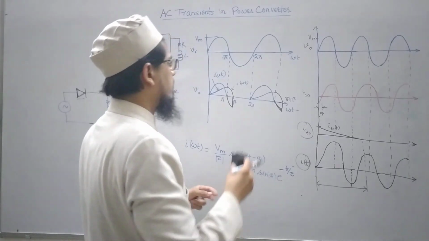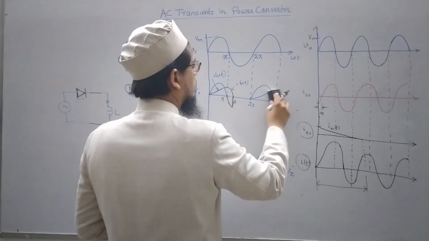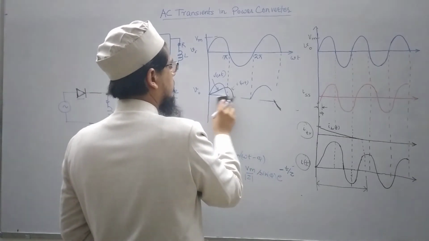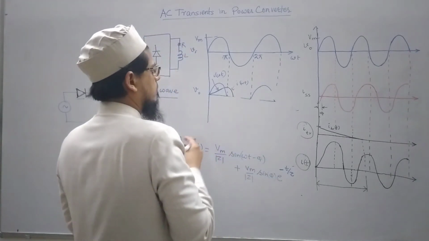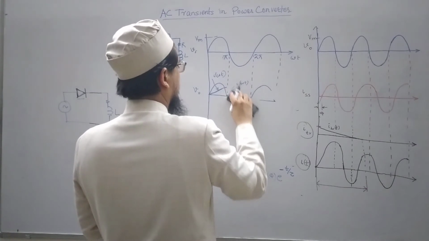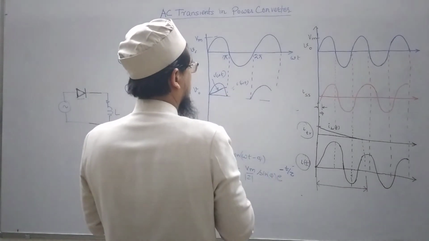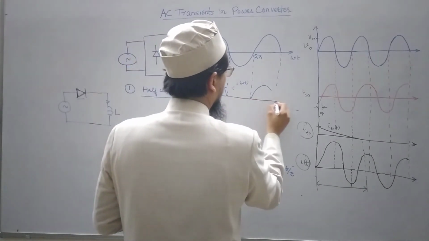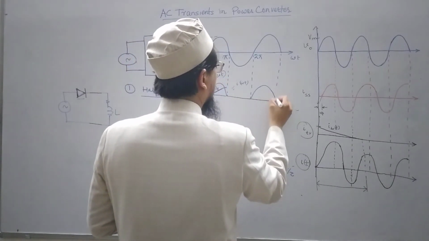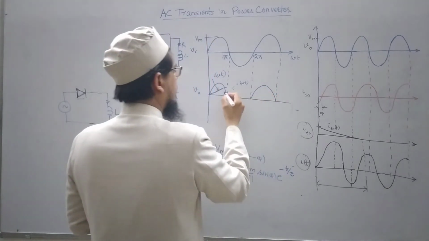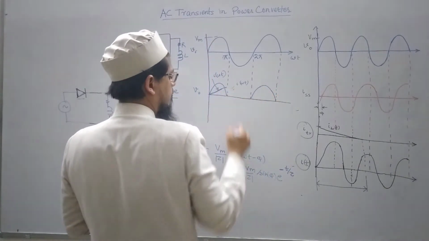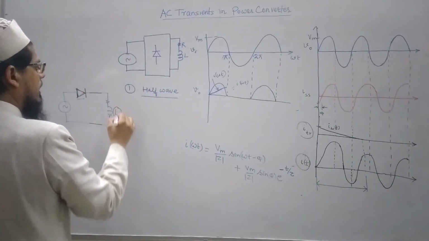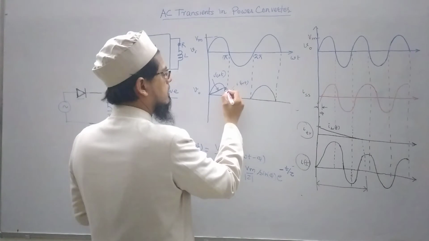So under that situation, the current is again following this expression, and now we have the value of L high enough to ensure that there is continuous conduction.